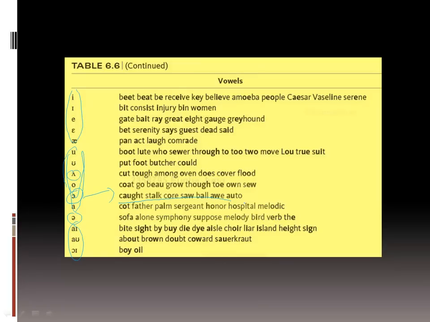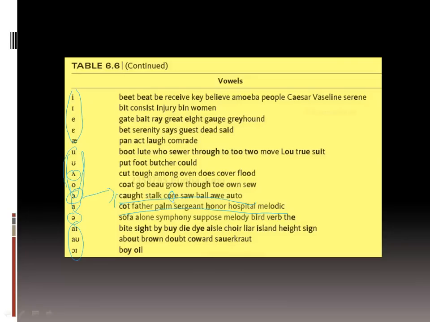For some people, these are pronounced differently from these sounds. So they would say caught, stalk, core, saw, ball, all, auto. But most people in Washington would pronounce these two the same way. Caught, caught, father, stock. Core is different because there's an R following.